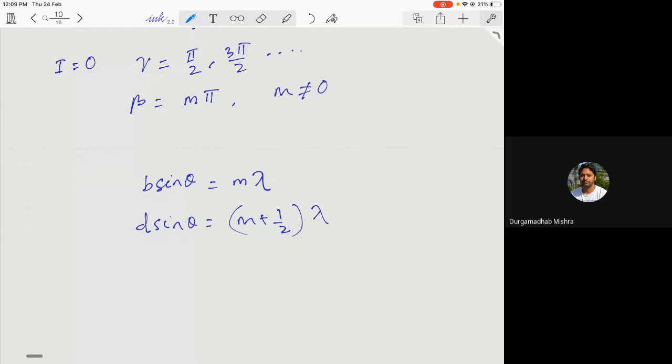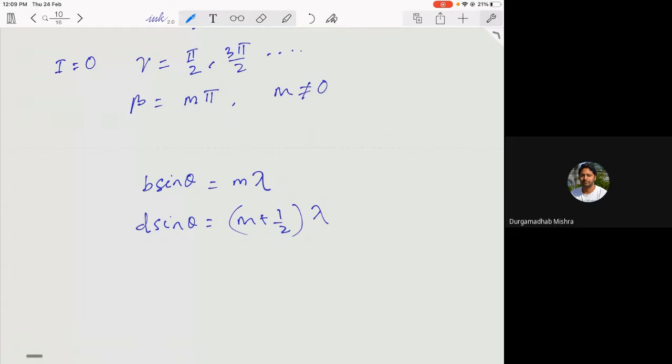This comes from the phase difference that we just said. Beta is equal to m pi, and beta is nothing but pi by lambda b sine theta. So b sine theta would be equal to m lambda, and the condition gamma equal to pi by 2 and 3 pi by 2 leads to d sine theta equal to m plus half lambda, which we also saw in the case of the interference pattern.